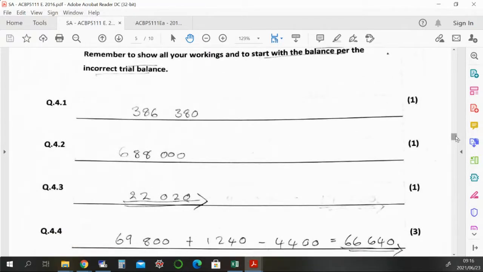If you're looking at the question paper, can you see? They gave you this. So what I would do, like how I've done here, is I'll go to discount received, right? I would then debit that by 3,078.